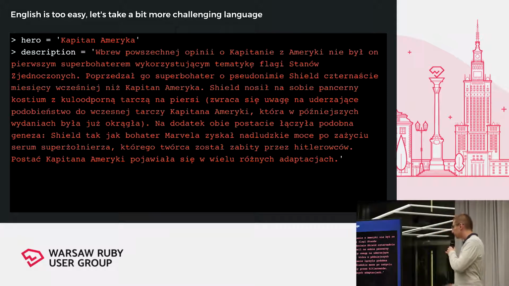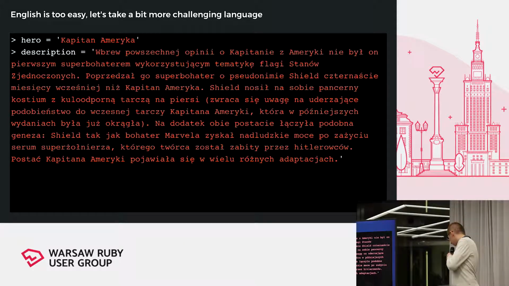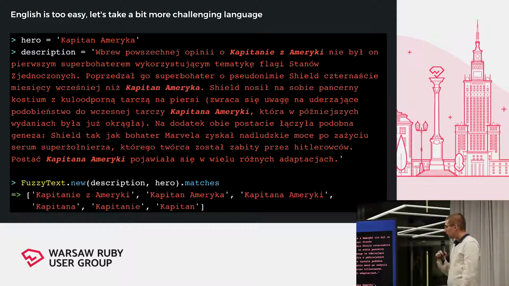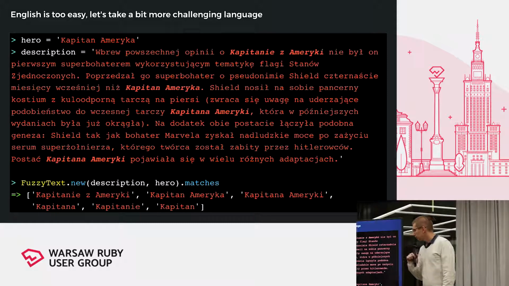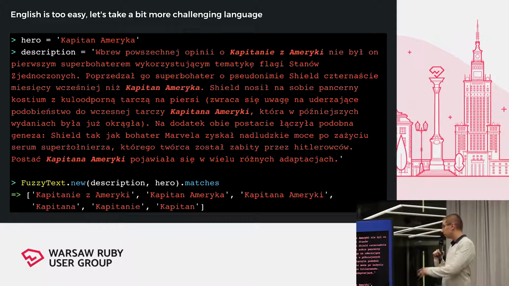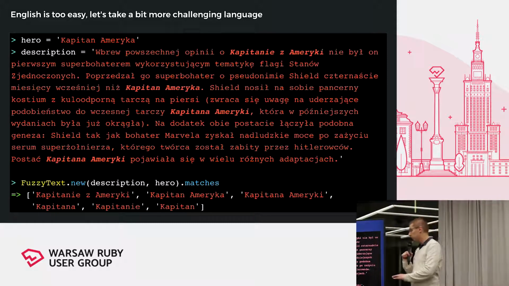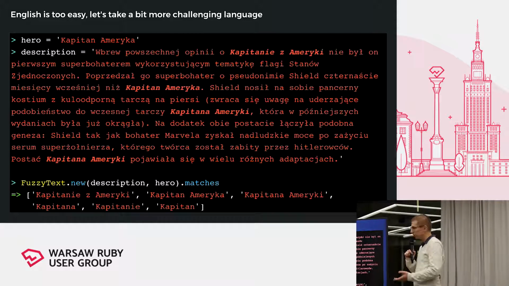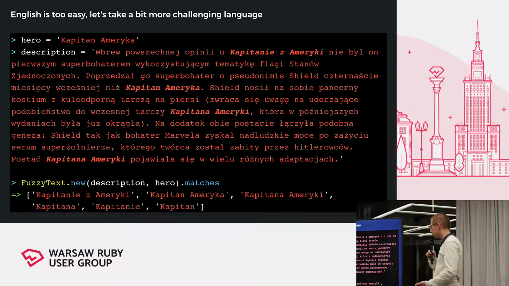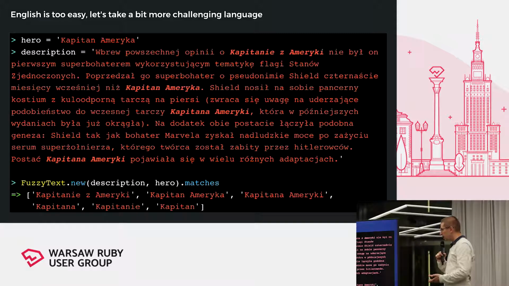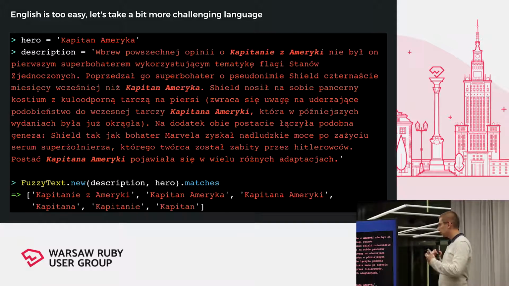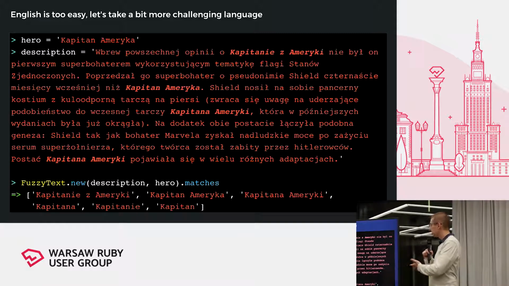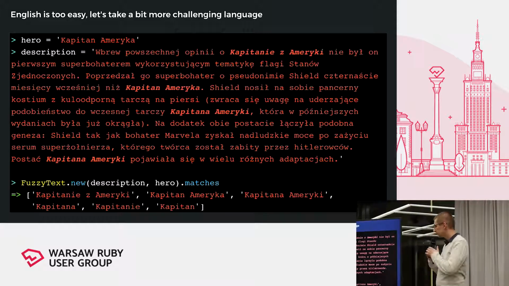Let's apply the algorithm on this text with the phrase Kapitan America to be looked for. As you can see, the algorithm, even though it knows nothing about Polish, especially it was tweaked for English with those Saxon genitives, it's still able to find all the usages of Kapitan America or phrases related to that within this text.